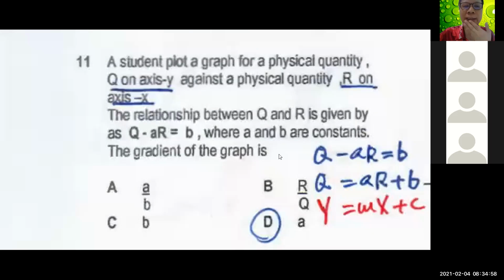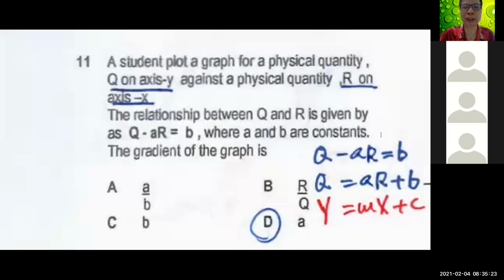Okay, we look at question 11. The question sounds something like this: a student plots a graph for a physical quantity Q on the y-axis against a physical quantity R on the x-axis. So Q is y, R is x. The equation is given.